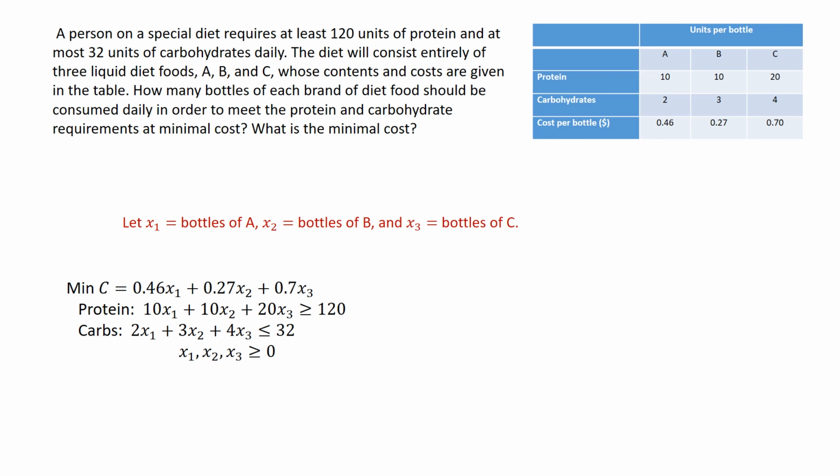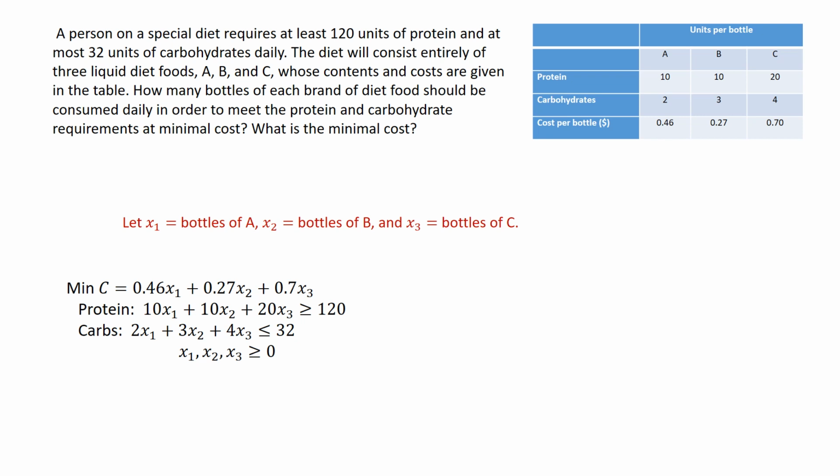We're told that the special diet requires at least 120 units of protein. So let's look at the protein content of each type. So we have 10 for A, 10 for B, and 20 for C. So that gives us 10x1 plus 10x2 plus 20x3 greater than or equal to 120 as the protein constraint.